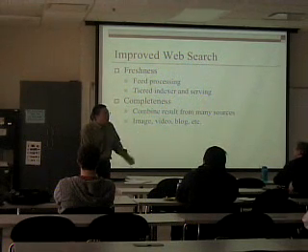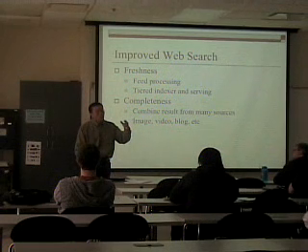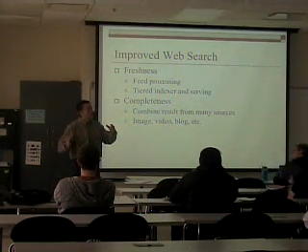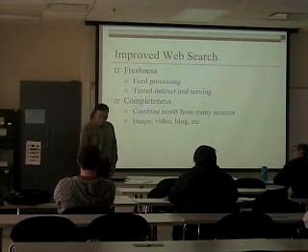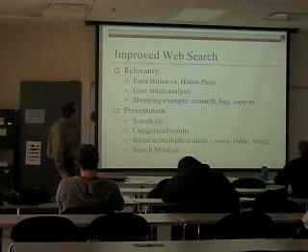So you can build a new index every half hour. But when you do a query, in order to combine the fresh content with the regular content, you blend them in. So that's how you achieve freshness and completeness.